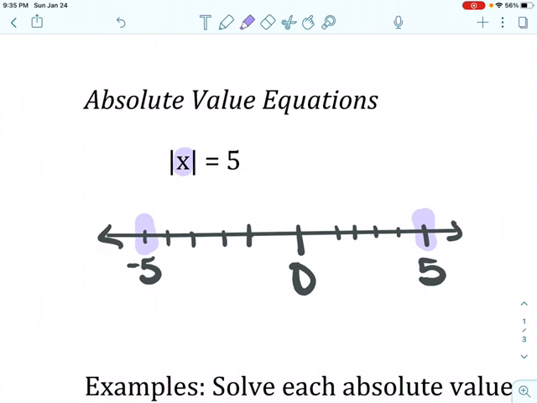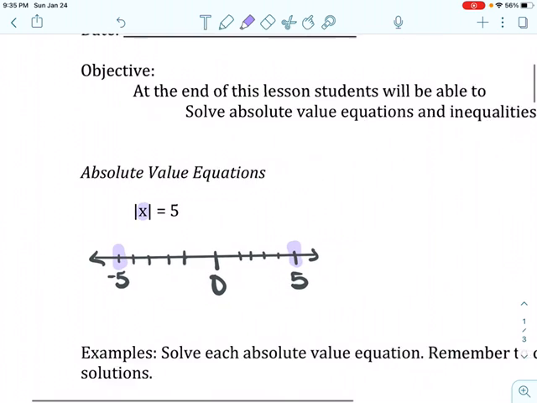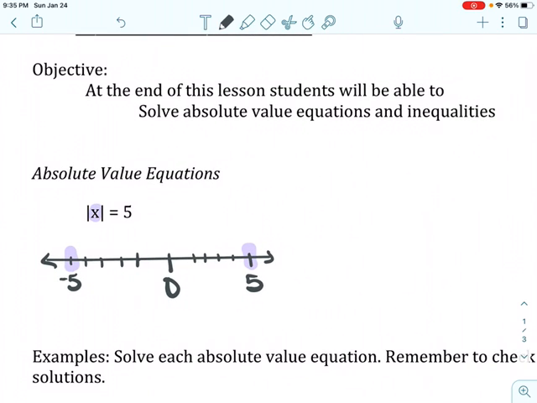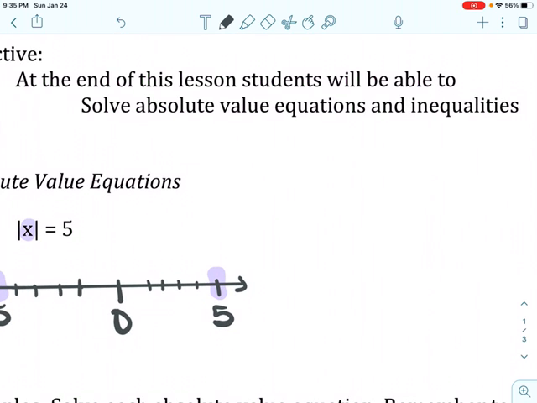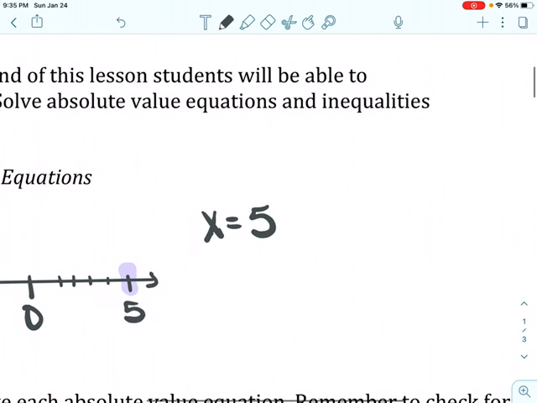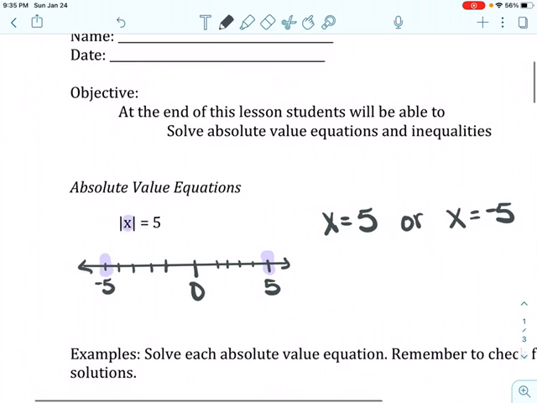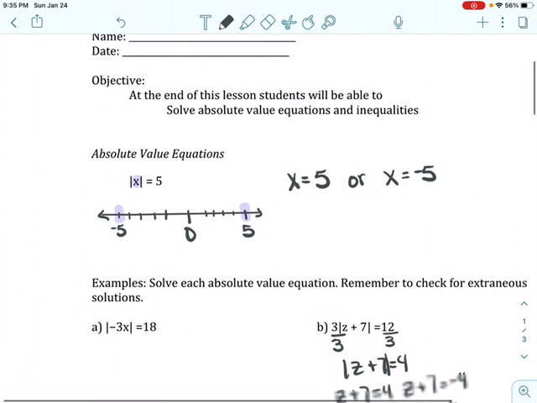I don't know. But I do know that whatever that expression is, he's 5 units away from 0. So that's why when we're solving for the value of x, we're going to say he's 5 or he's negative 5, because he could be on the right side of 0 or he could be on the left side of 0. Whatever that distance is still 5 units. I just don't know what side of the world he's on.